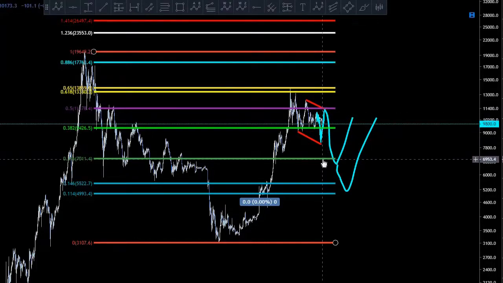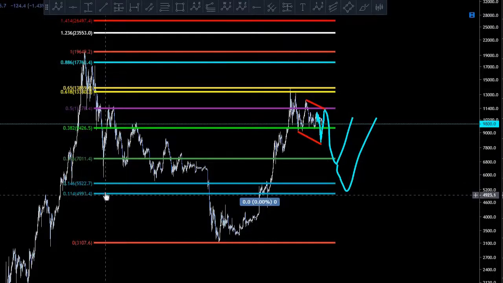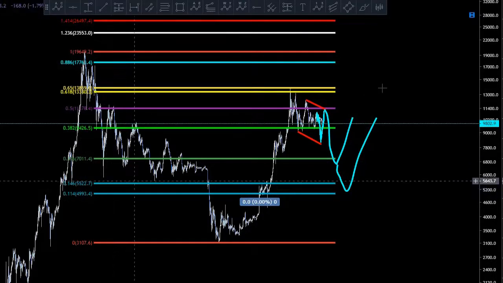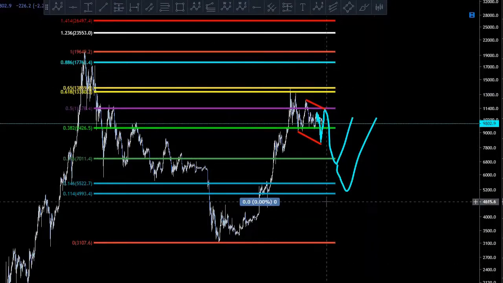But I firmly believe that these two are strong supports, 7K and between 5K and 5.5K. I'd be willing to buy anything below that, and we're going to hell. Bitcoin's a scam.